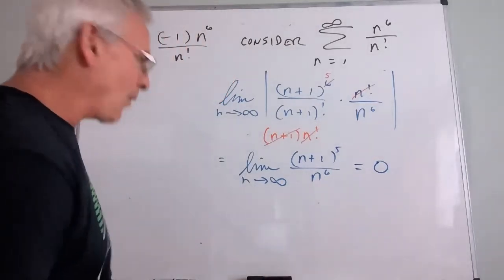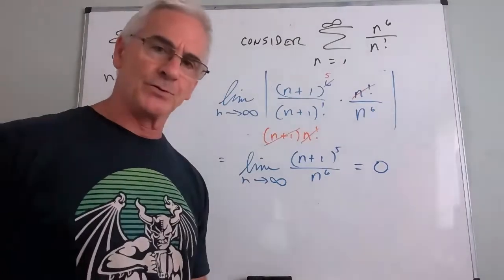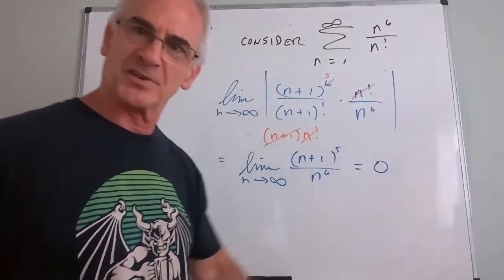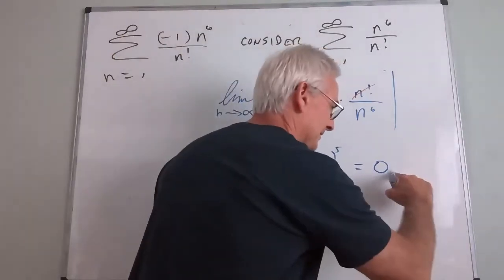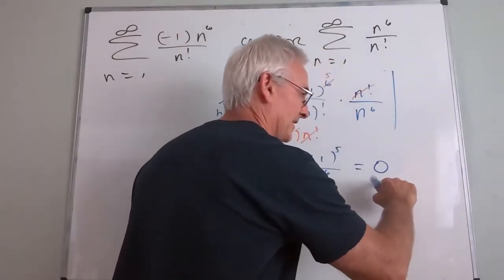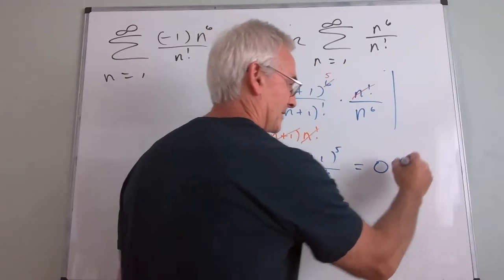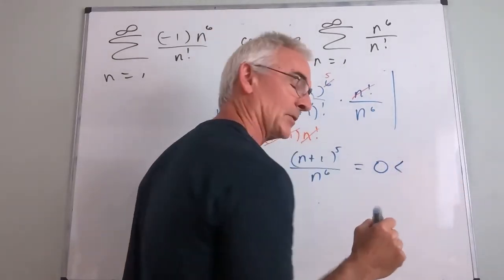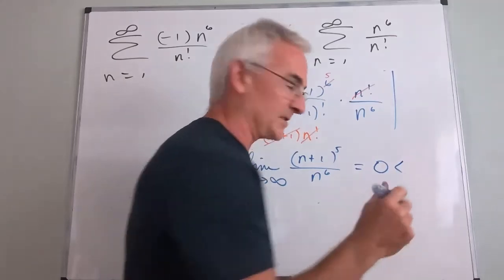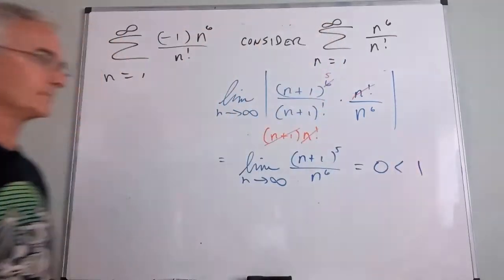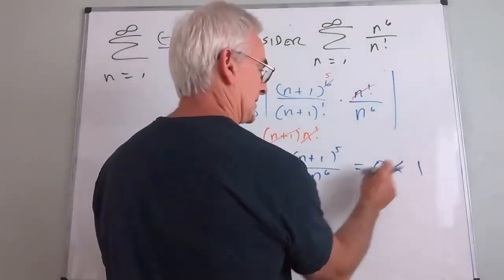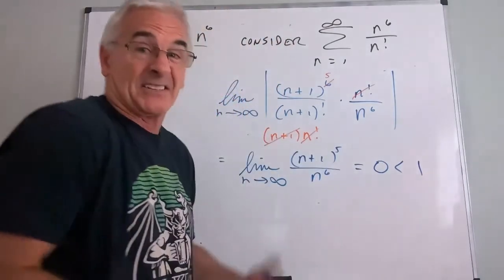Now what? I did a ratio test, so what should I write next? There are 2 more symbols I need to write: less than 1. Very specifically, what are you always comparing it to on a ratio or root test? 1. That is important because I'm using a ratio test. I calculate the limit, and it is less than 1. The fact that it's 0 is not important.